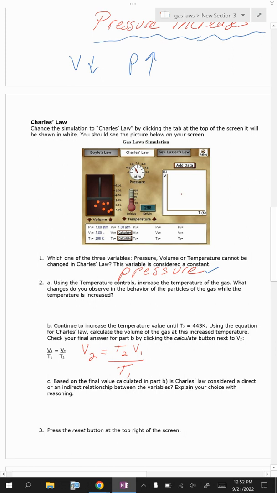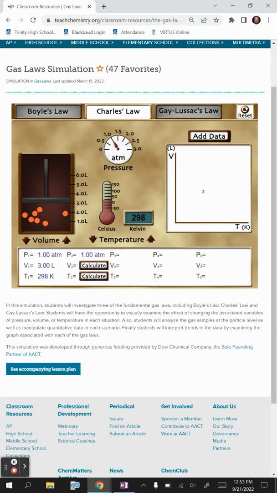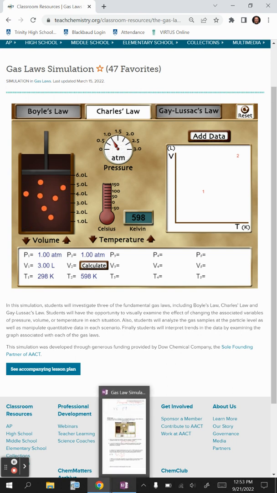Using the temp controls, what happens to the particles? What is happening when I increase the temperature? Let's do an observation. I'm going to blast it. They have more room to move around. But they're also getting faster themselves, and they're having more collisions.